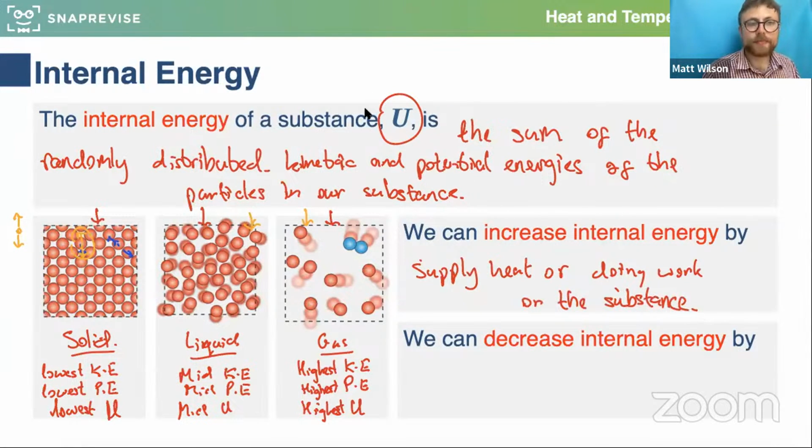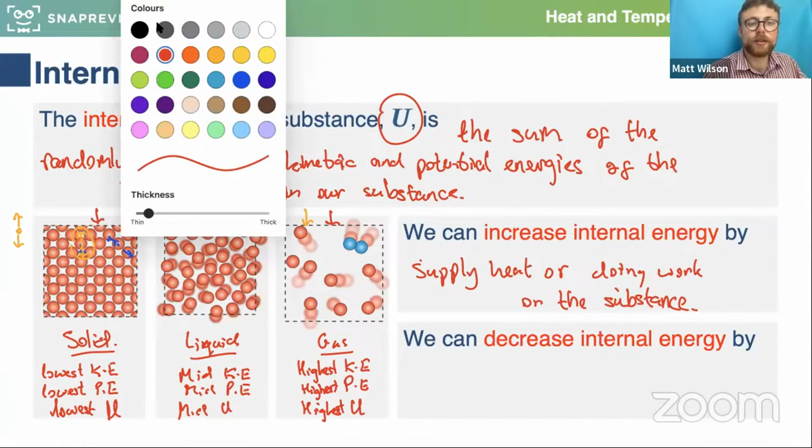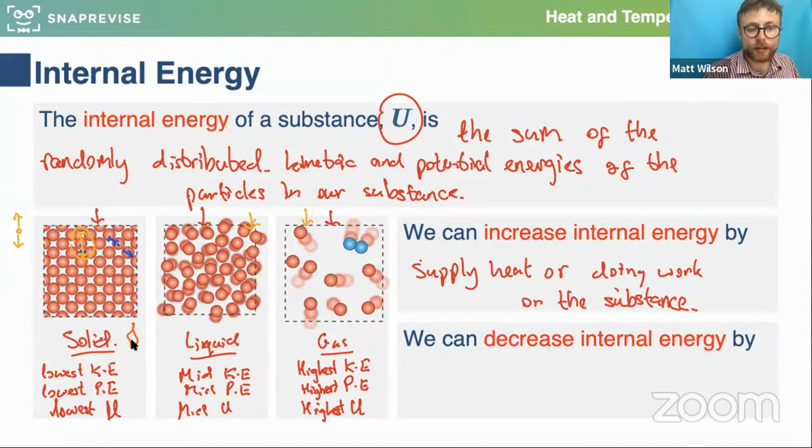Okay, what does this mean? This means that, for instance, we could take one of these materials and light some kind of a fire underneath it, literally supplying heat to it. This would increase its internal energy.